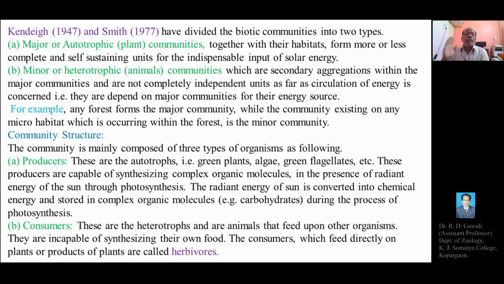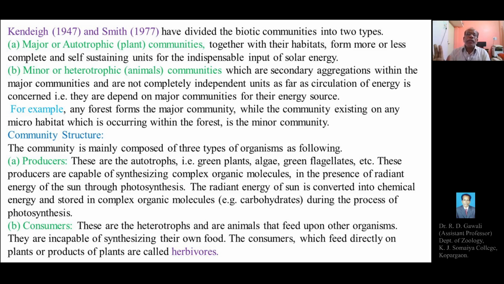These are secondary aggregations within the major or autotrophic communities, and are not completely independent units as far as circulation of energy is concerned.